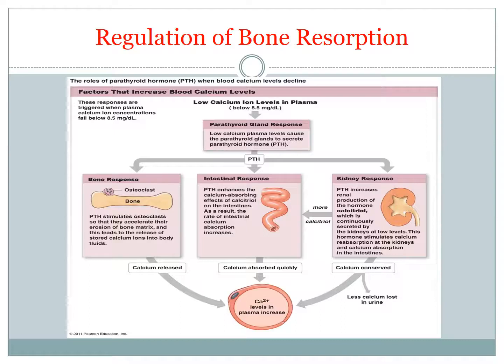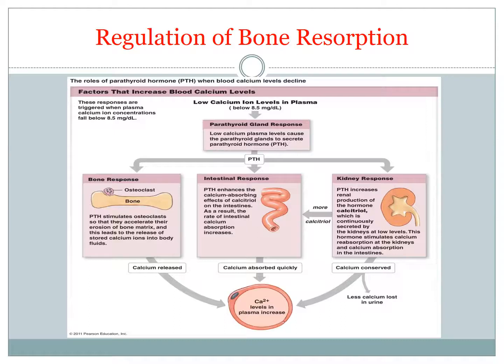Our intestines can also respond. PTH enhances the calcium-absorbing effects of calcitriol on the intestine. As a result, the rate of intestinal calcium absorption increases. And the kidneys can play a role.